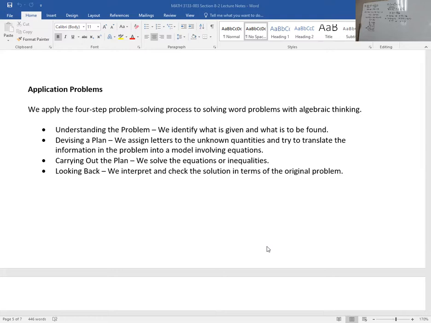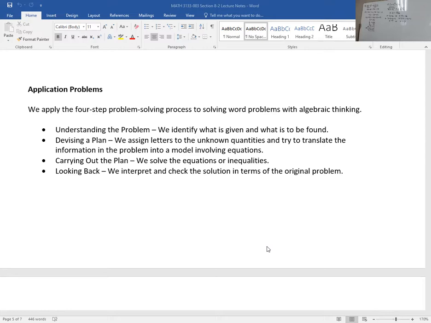That means assign letters to the unknown quantities and translate the information in the problem into a model that involves equations. And then step number 3 is to carry out the plan, meaning we solve the equation or solve the inequality.